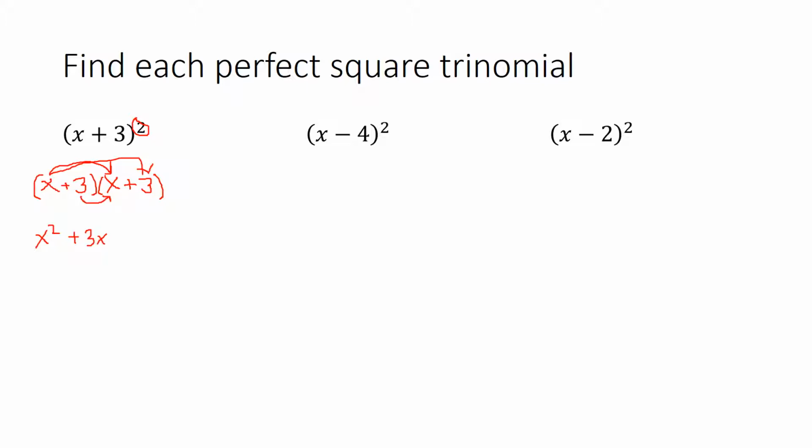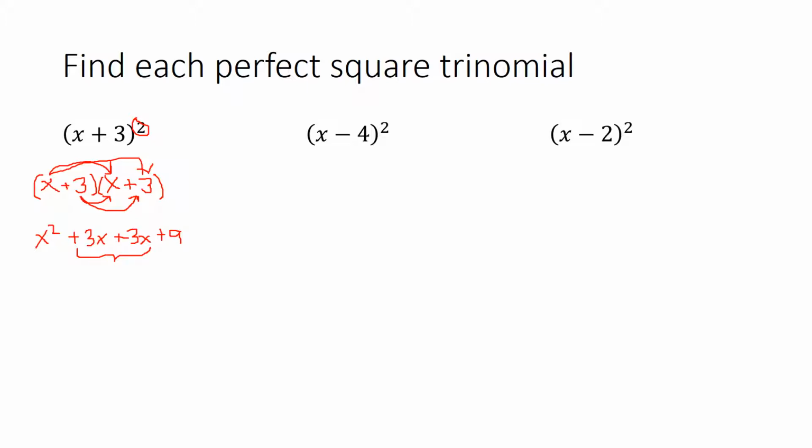Then we'll multiply the inner terms. 3 times x, again, is 3x. And finally, we'll multiply the last two terms. 3 times 3 is 9. Once you're done multiplying, you're just going to add like terms together.